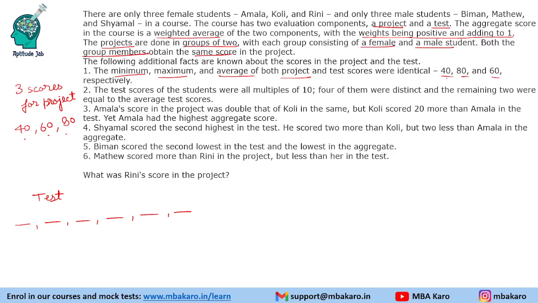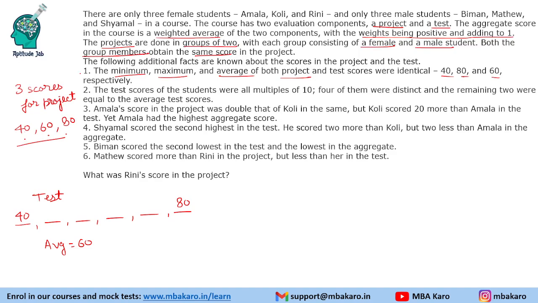And in this, the minimum is 40, maximum is 80, the average is 60. So we cannot tell if any value is 60 or not. So the average of test is 60. Project we will have three different scores, and test we can have 6 scores.